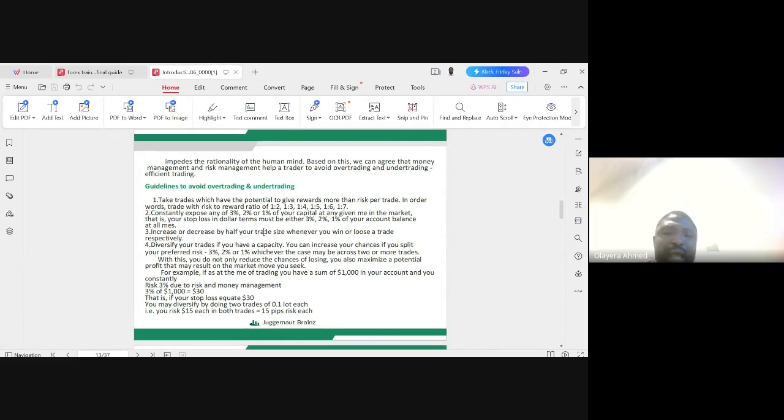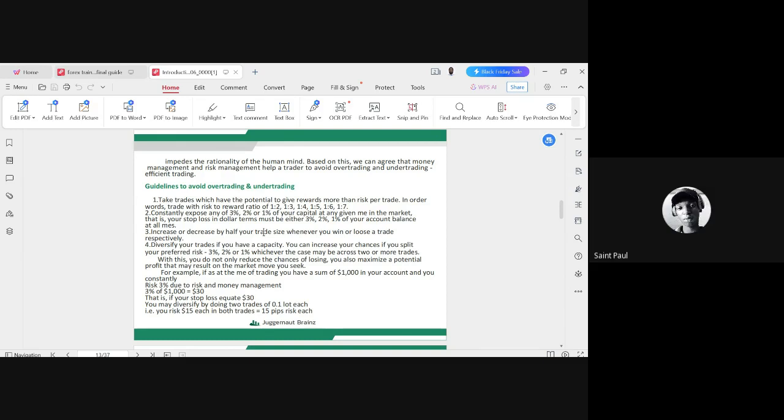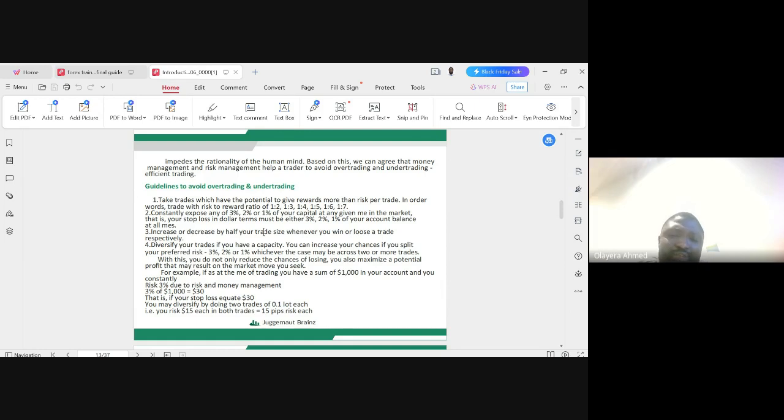It means that at every point in time, anytime you want to take a trade, the maximum you can risk is 3%, and the minimum you can risk is 1%. That means out of $100, $3 or $1. Does that make sense? Exactly. So any trade you are entering, you cannot risk more than that, even if you think you want to make money back.